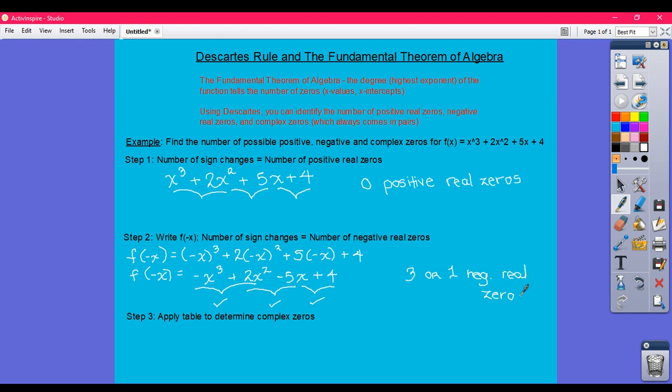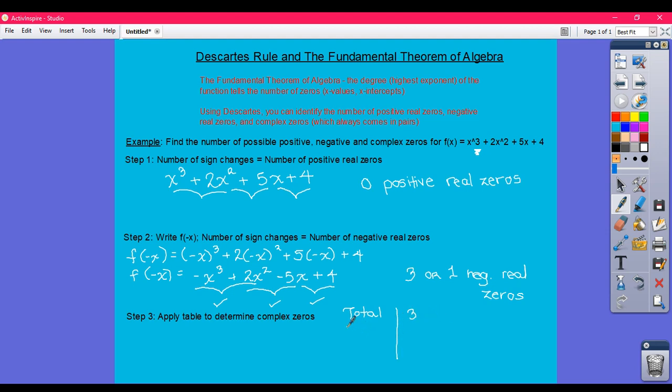And then finally, you're going to use a table to determine the number of complex zeros. So for this, I am going to use my fundamental theorem of algebra, which tells me the degree, or the highest exponent in my function, will tell me how many zeros to expect. So the total number of zeros I should expect is going to be 3, because the highest exponent is 3.